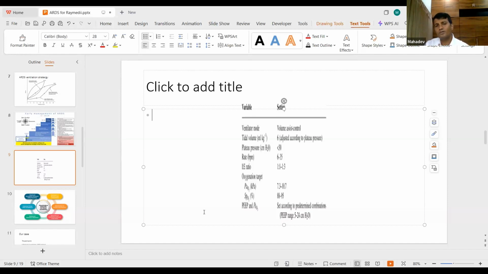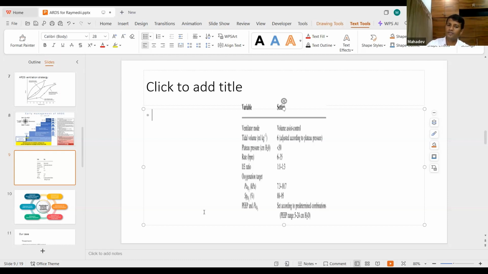And if you're able to achieve good CO2 clearance with 6, you can reduce the tidal volume, keeping our target to less than 28 centimeters plateau pressure. So plateau pressure is 30, rate around 6 to 34 depending on the feasibility.